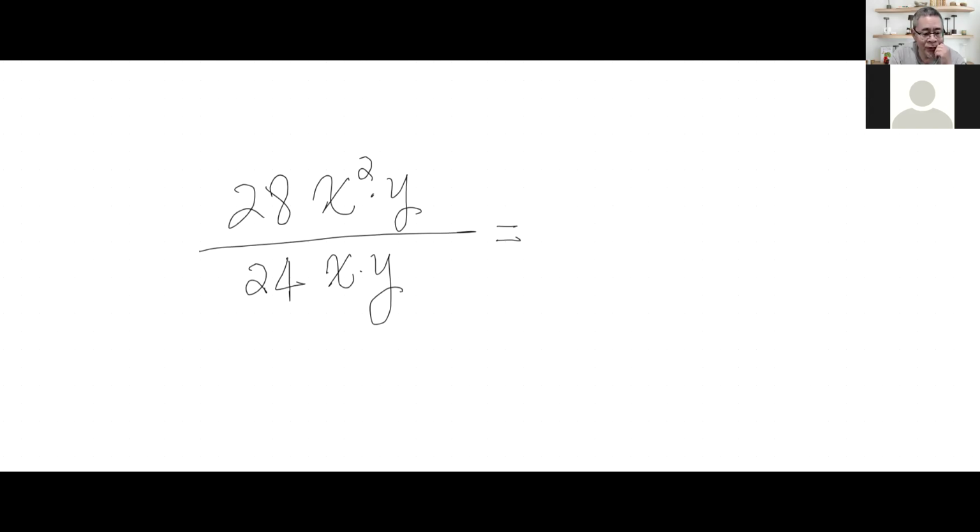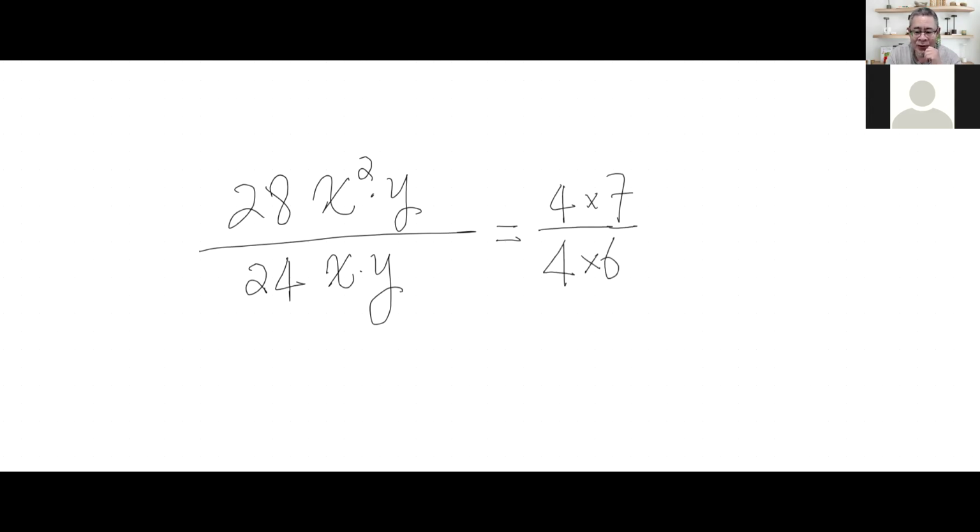Well, we're not going to turn it into a decimal. We just keep that as whole numbers. So we know 28 and 24, their greatest common factor is 4, because 28 is 4 times 7, and 24 is 4 times 6.